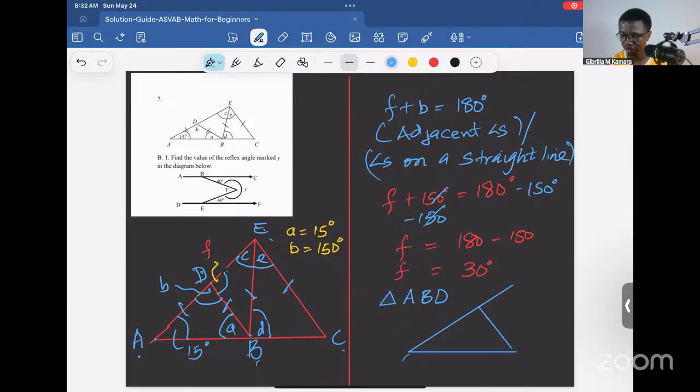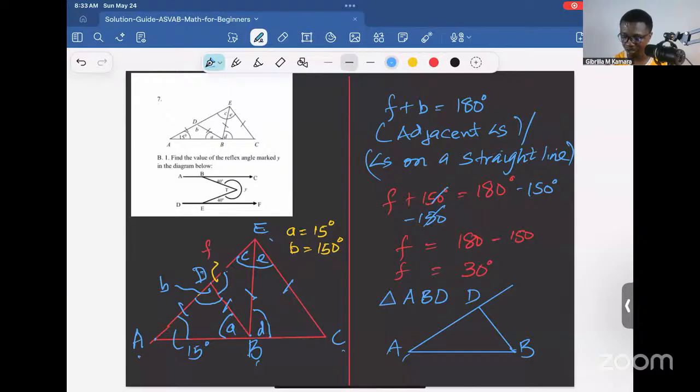Okay, perfect. Something like this, assuming this is a straight line anyways. Anyway, that's a triangle. And so this is D, this is A, and this is B. Okay, so that's what you can see right now.